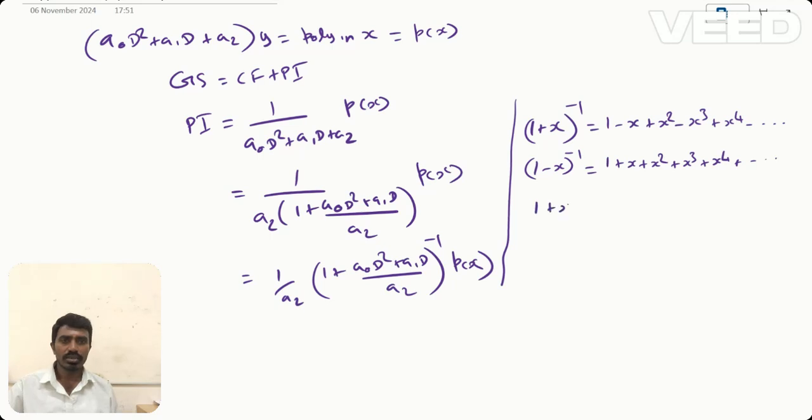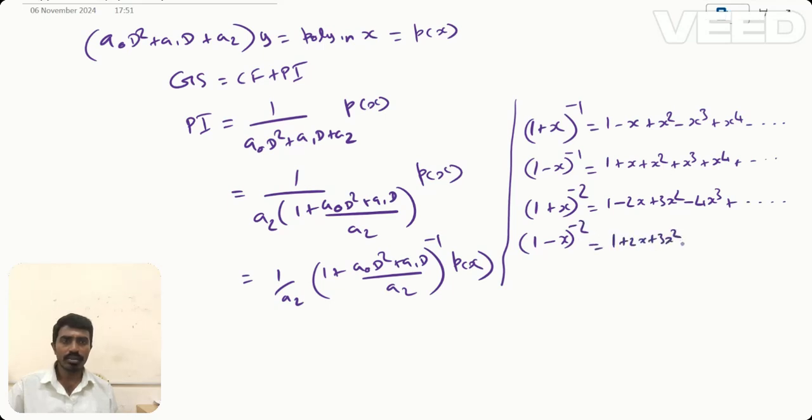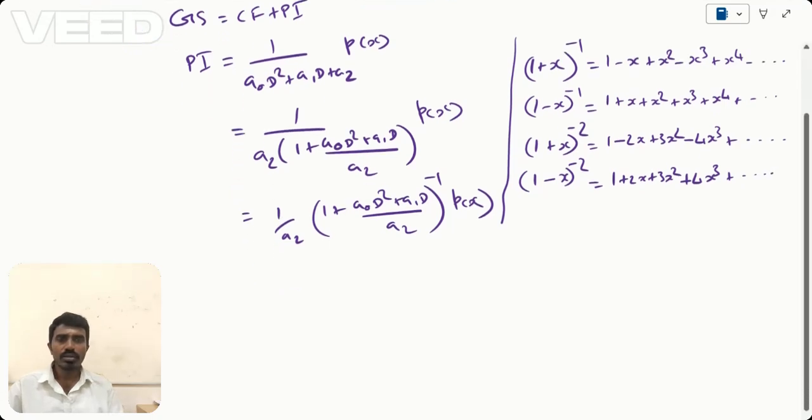Similarly, (1 plus x) whole power minus 2 is 1 minus 2x plus 3x square minus 4x cube and so on. (1 minus x) whole power minus 2 is 1 plus 2x plus 3x square plus 4x cube and so on. Now, using (1 plus x) whole power minus 1, we can expand this thing.